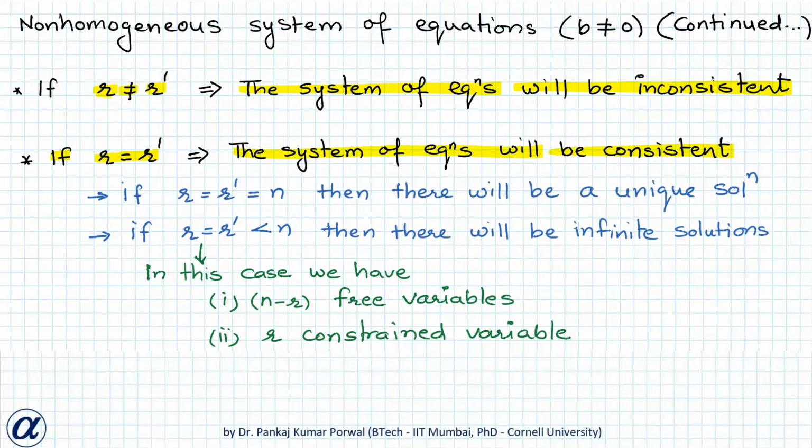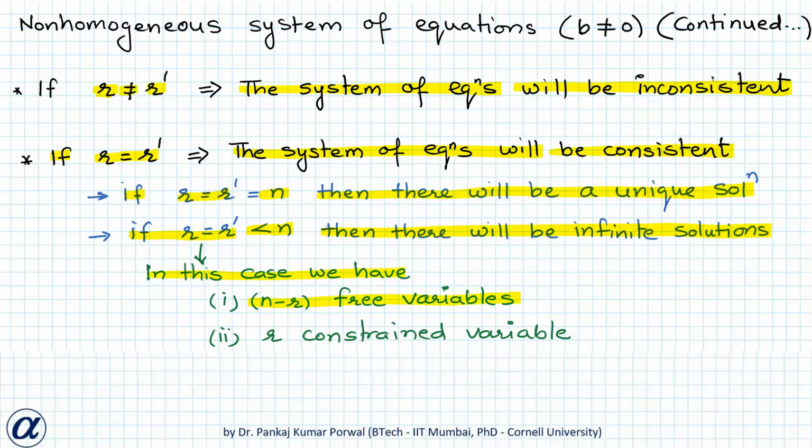In fact, we can learn more than just consistency from these ranks. If the ranks are equal to n, that is the number of unknowns, then there will be a unique solution, and if the ranks are less than n, then there will be infinite solutions, and there will be n minus r free variables.